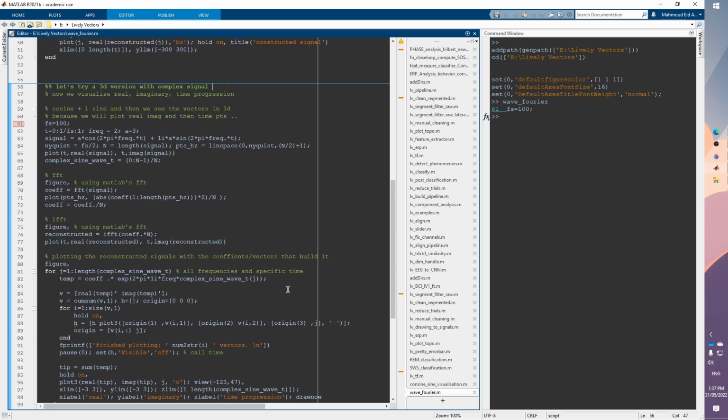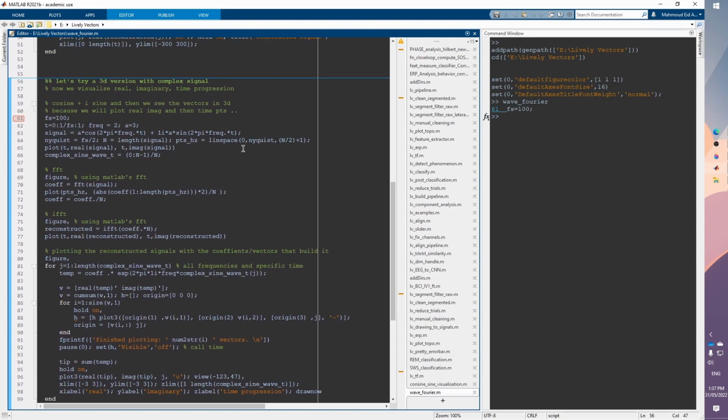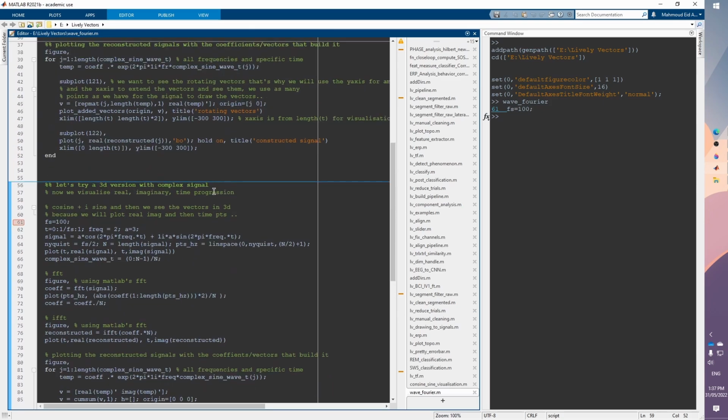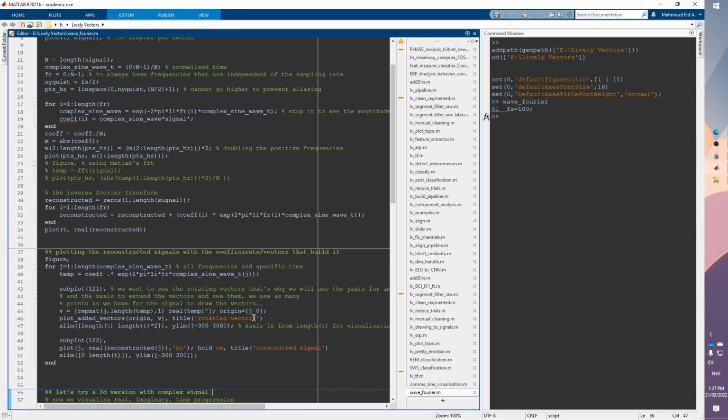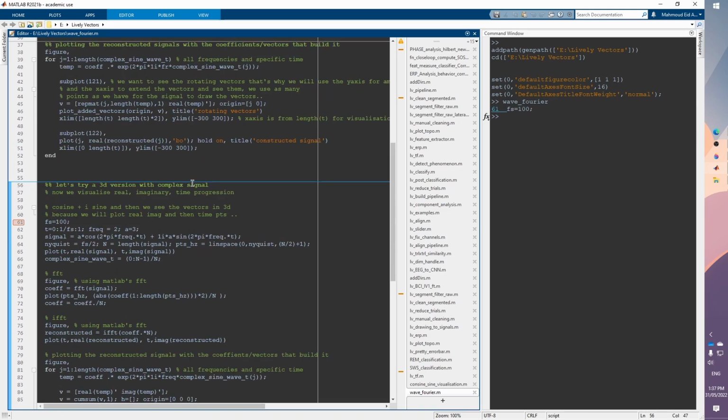Okay, so I really wanted to take this a step further, and I really think this will be a nice way to visualize our data and look at the complex waves as well. So right now let's consider a complex signal, and I promise thinking about this complex signal will be much easier than plotting the real signal and doing this kind of trick, because with the complex signal you have a real part and the imaginary part. So the thing is, you already have what you are looking for.